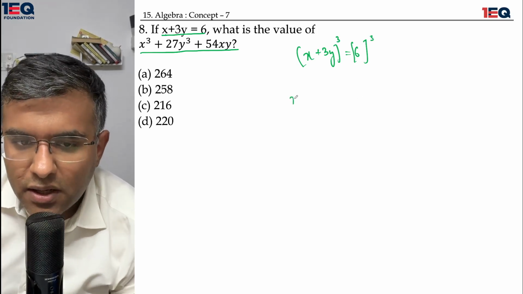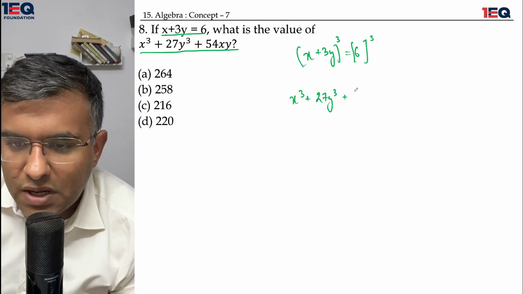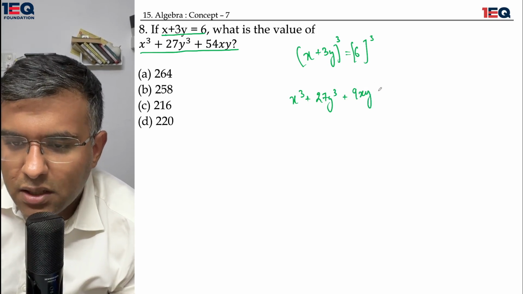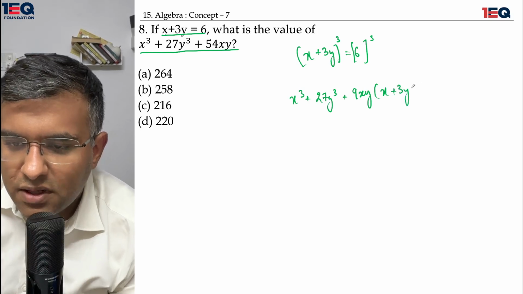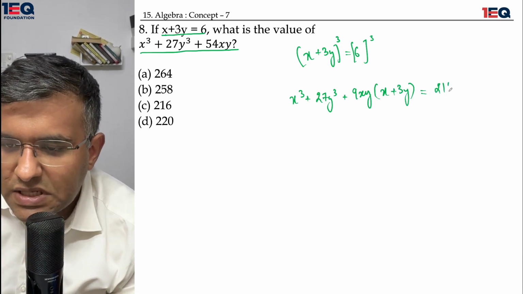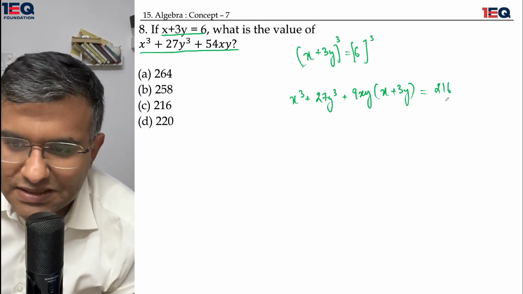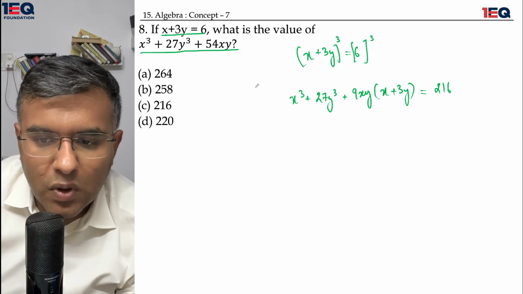When I do that, I get x cube plus 27y cube plus 9xy multiplied by x plus 3y being equal to 216, which is the cube of 6. So what is it asking me?